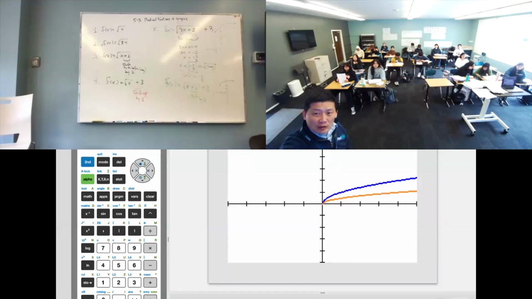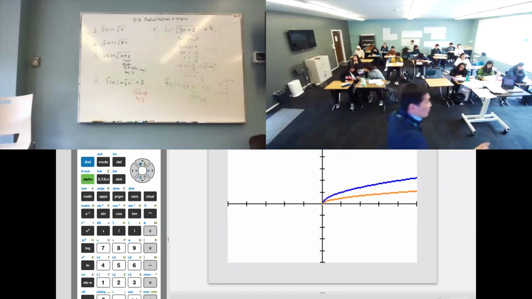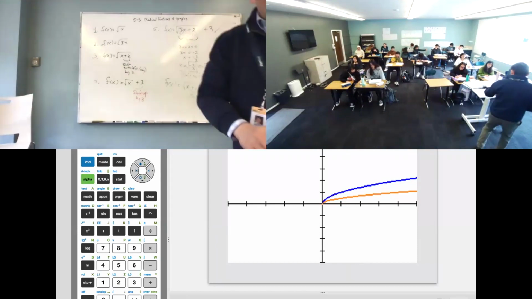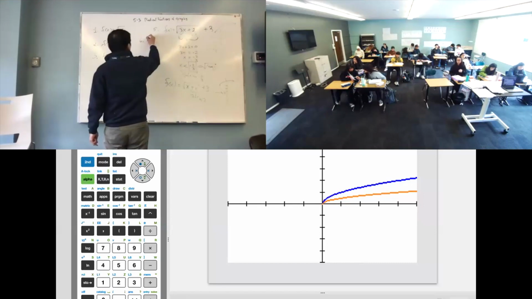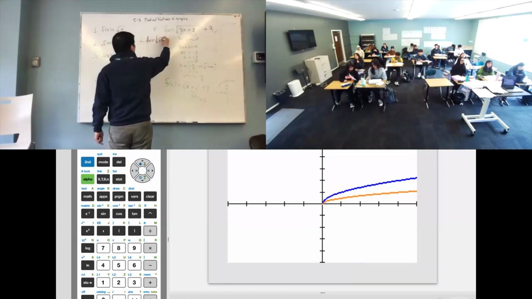This orange line cuts straight into the middle with the same curvature. So every x value you can see is half, right? And all because of what? All because of number 6, f of x equal to 1/2 square root of x.